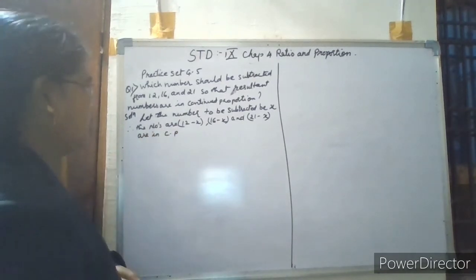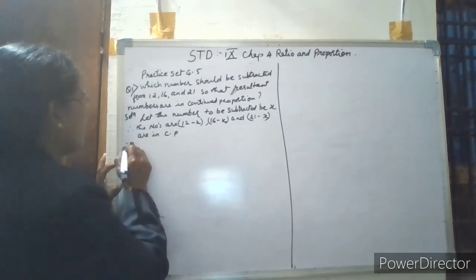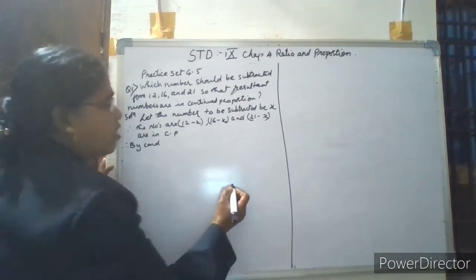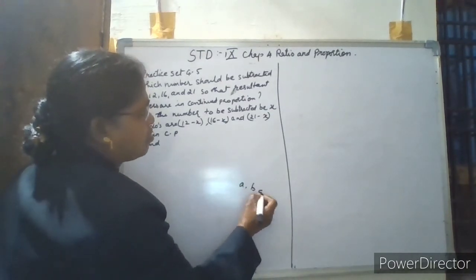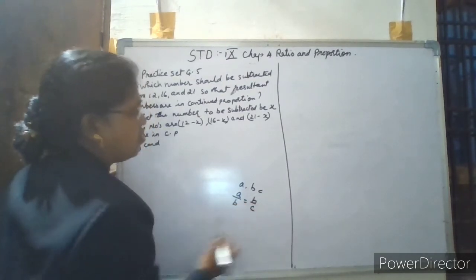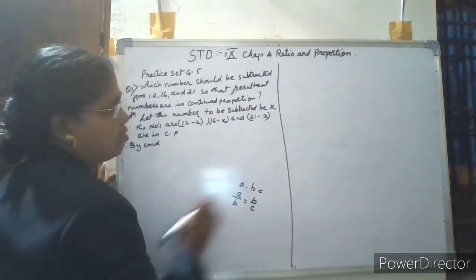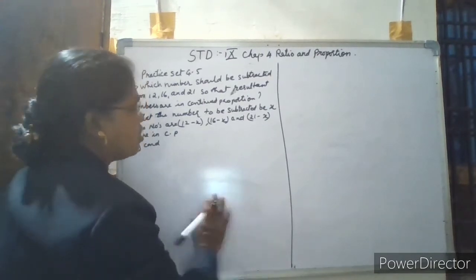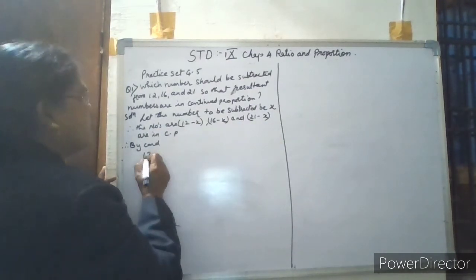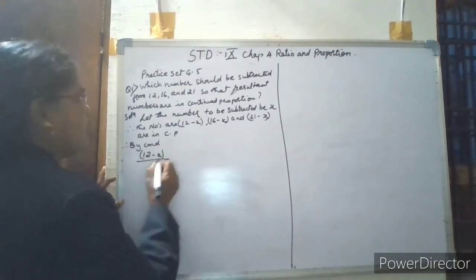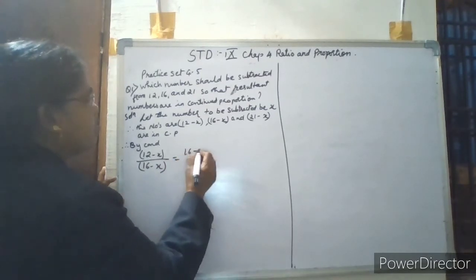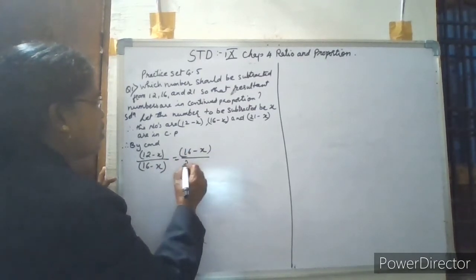By condition, if three numbers A, B, C are in continued proportion, it means A by B is equal to B by C. In the same manner, by condition, 12 minus x upon 16 minus x, this is the mean proportion, is equal to 16 minus x upon 21 minus x.